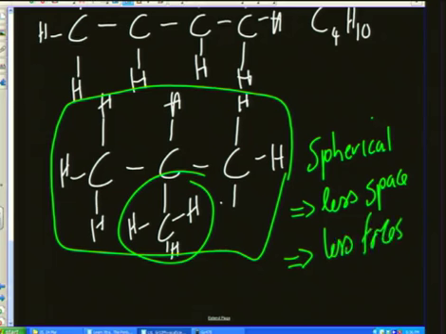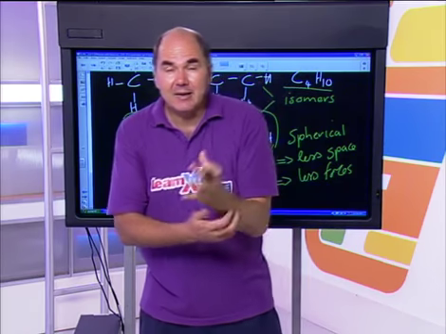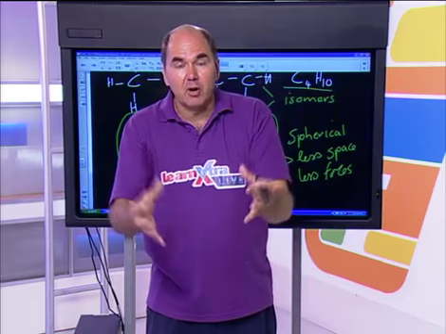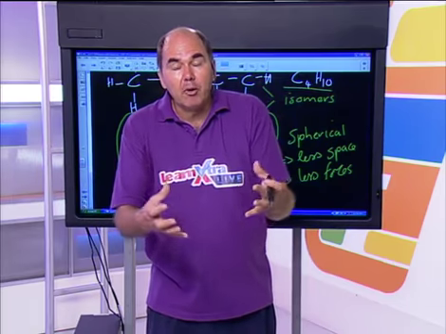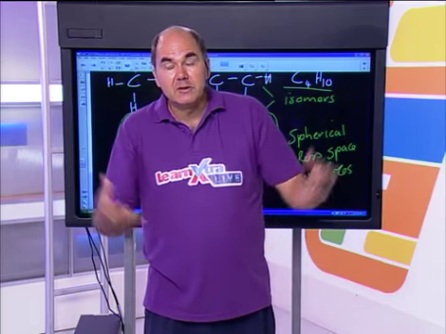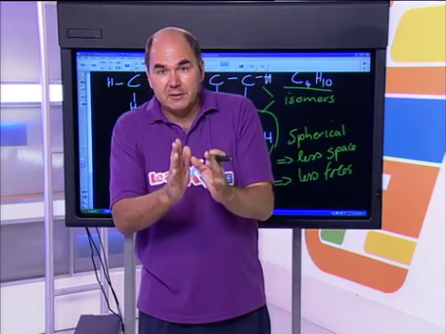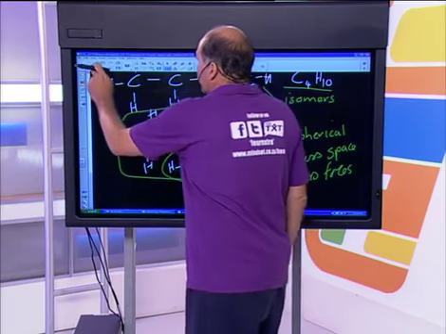Okay. Please notice they have the same molecular formula but different structures. That's why we call these isomers. The isomer that is branched has the lower boiling point. Less forces, lower boiling point. Got it? Hope so. Right, let's move on.